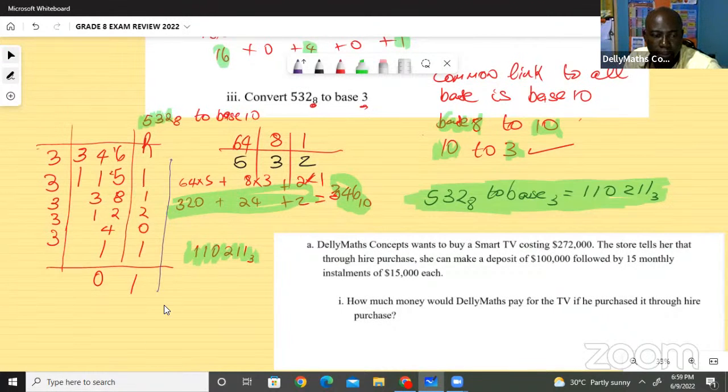And let's see what you got. All right, waiting for everybody to look at what they have. Let's look at what you have.